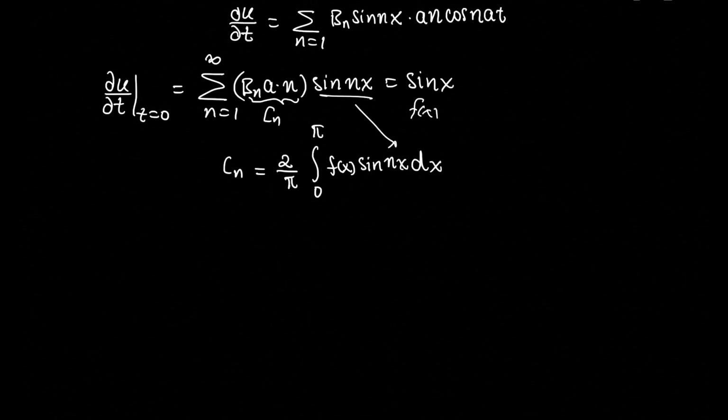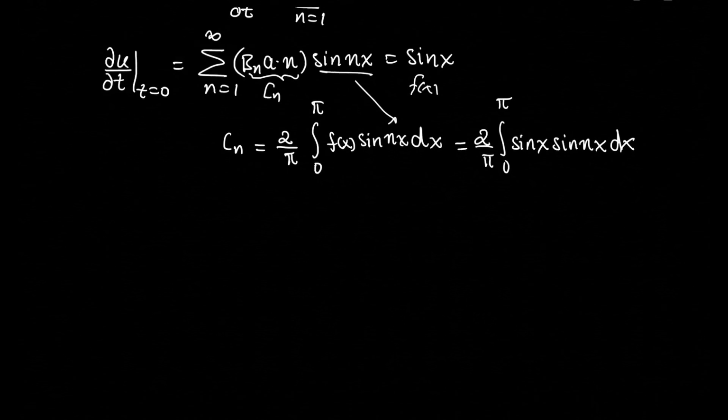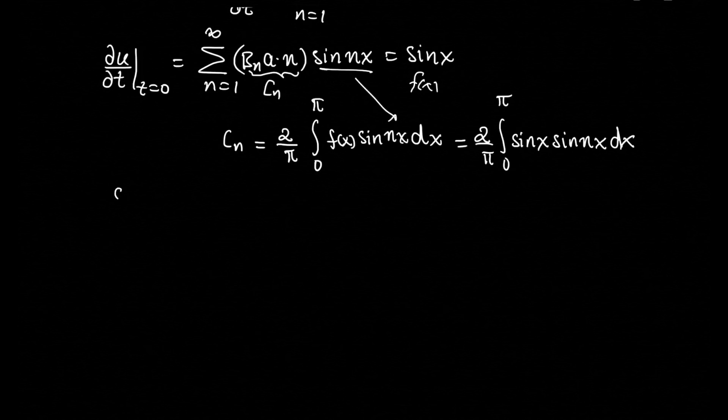This comes here in the formula. Now you have 2 over pi, integral from 0 until pi, where f(x) is sine x, then sine nx dx. Now you just need to find what Cn is. Cn is a times n times bn.